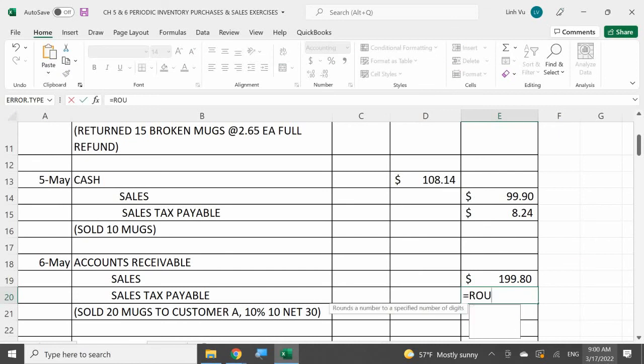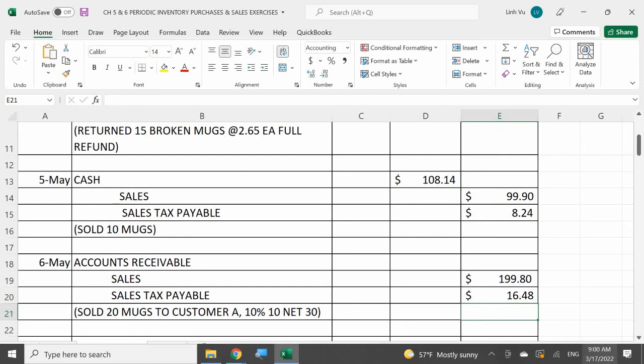Okay. How much tax am I going to charge customer A? $16.48.